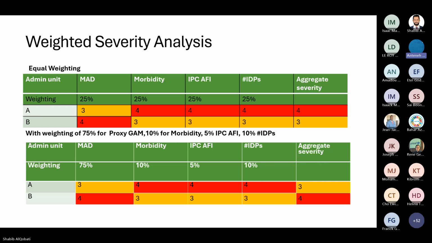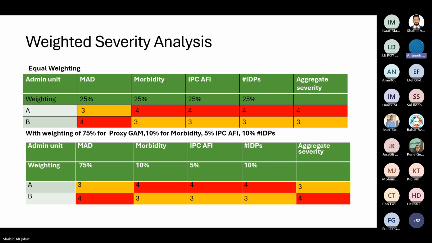This slide is meant to demonstrate how you can do that. We are happy also to have a one-on-one call with you to show you how to do weighted analysis. We recently had a call with DRC, with Amadou, who is supporting DRC.